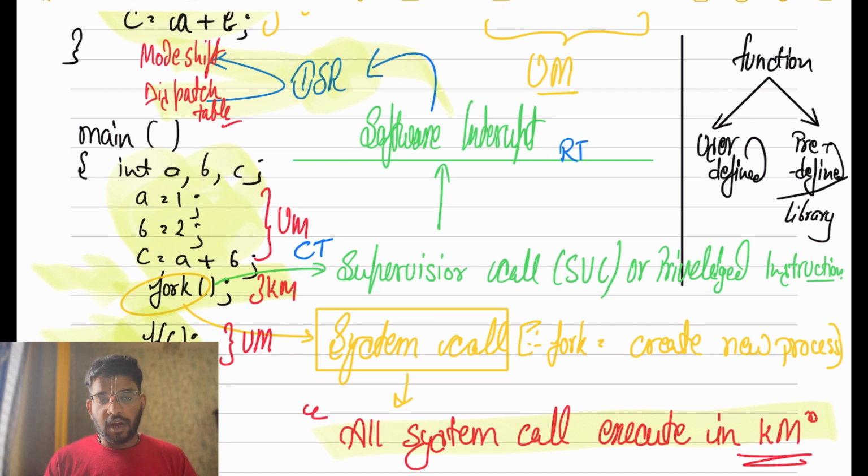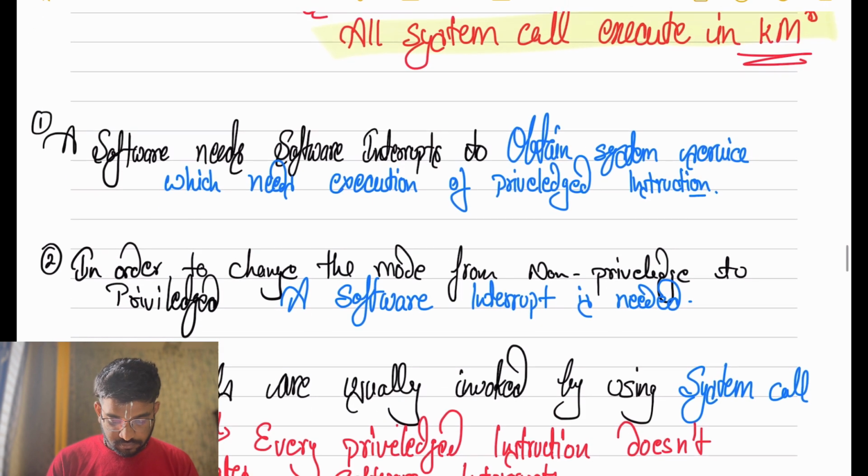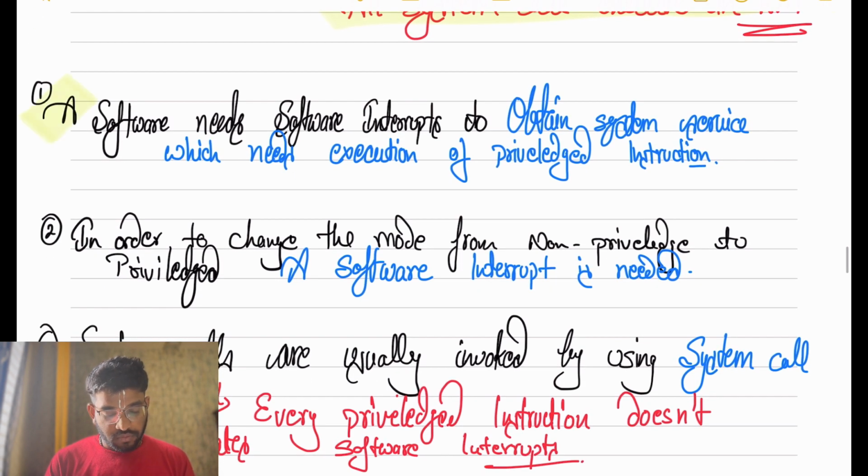Whenever a privileged instruction needs to be executed, it generates a software interrupt. Not all privileged instructions generate one. These 3 points are very important.